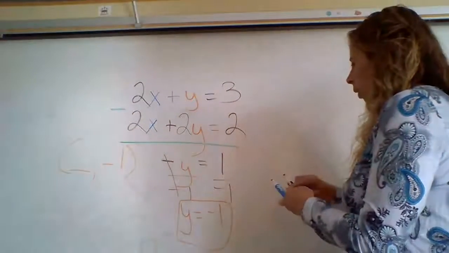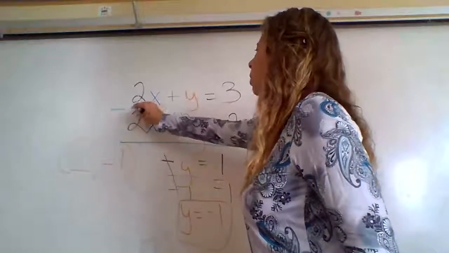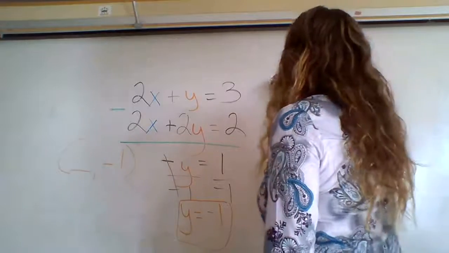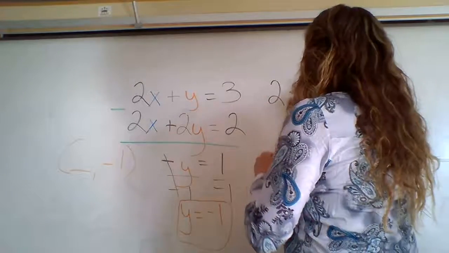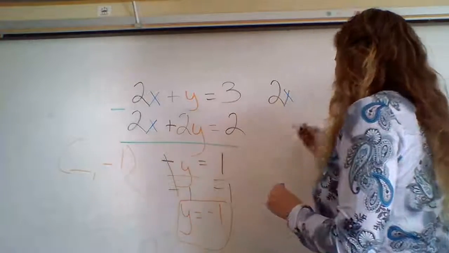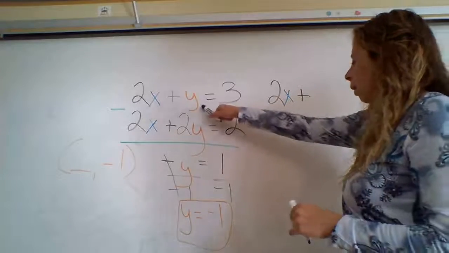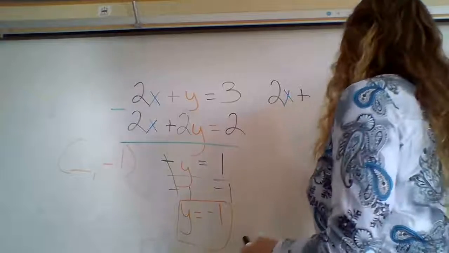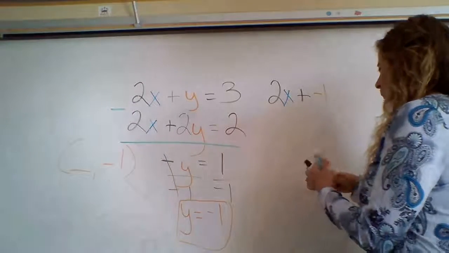I'm just going to rewrite this top equation, substituting negative 1 in for y. So 2 times x plus y, and y is negative 1.